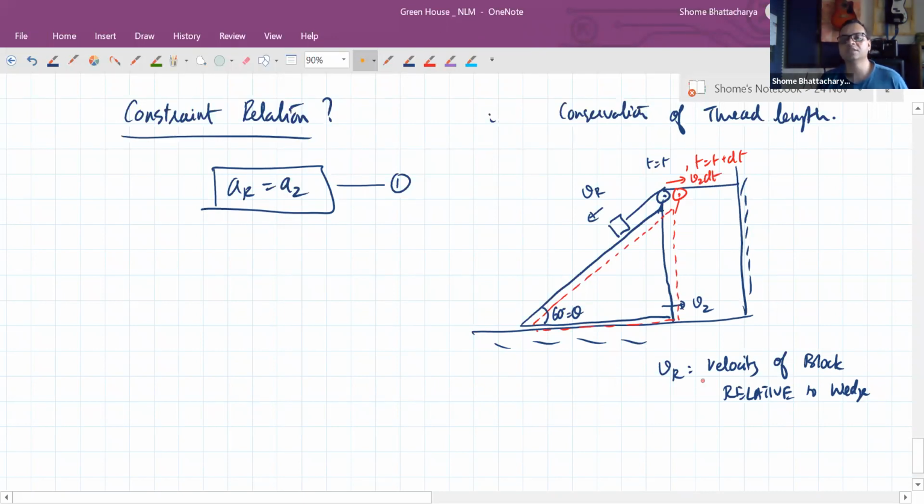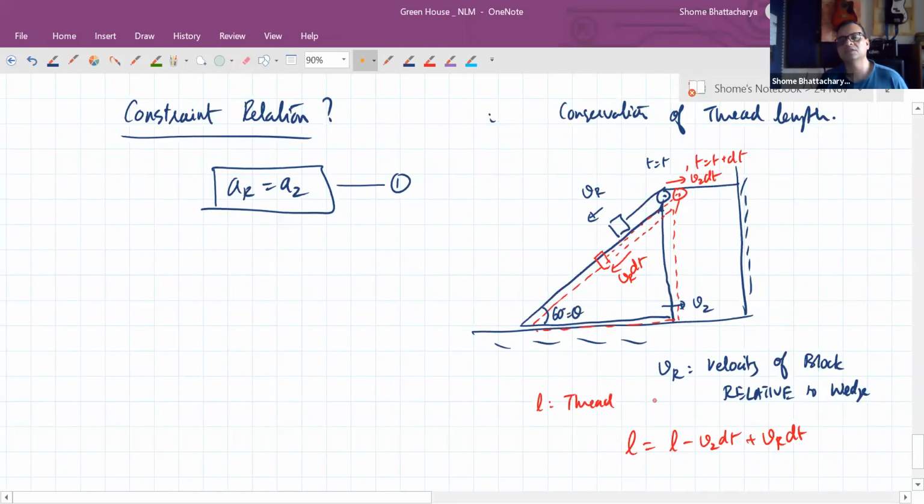So the thread length is decreasing by V2 dt on this side, but on the inclined side the thread length would have increased by Vr dt. L is the thread length.